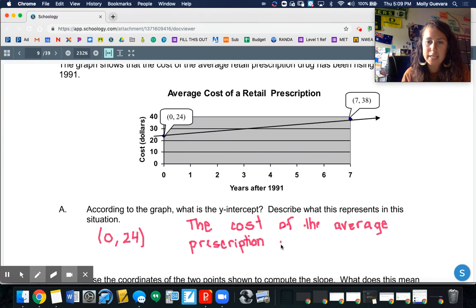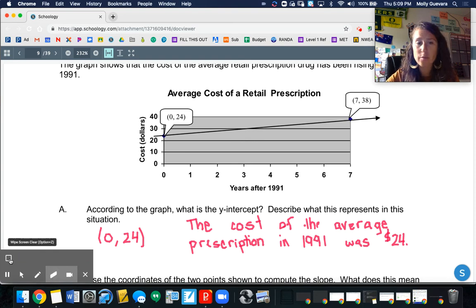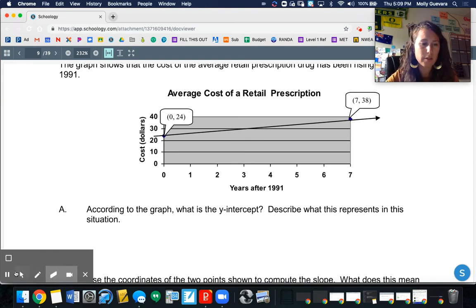In 1991, the cost was $24. So the only thing is, when we're talking about word problems or real world situations, you always want to make sure that your answer is a full, complete sentence. Okay, so in 1991, the average cost was $24.